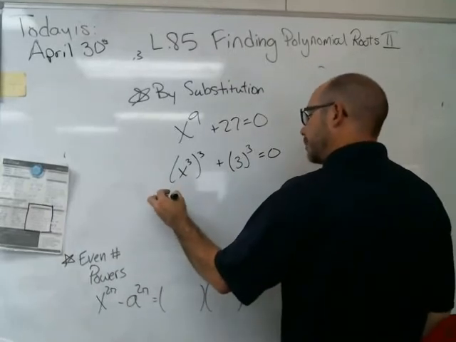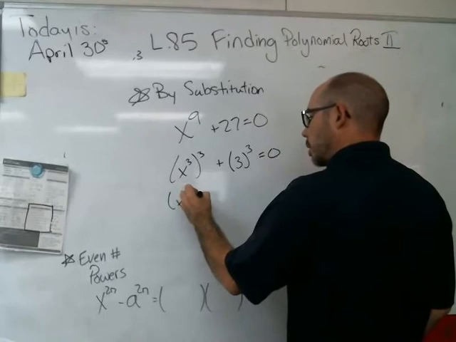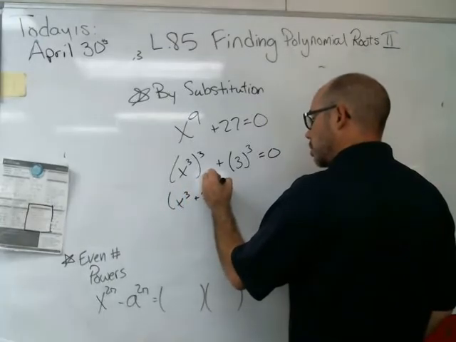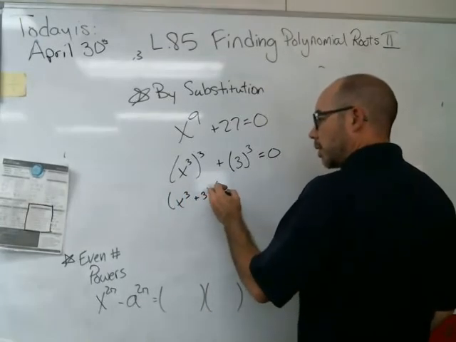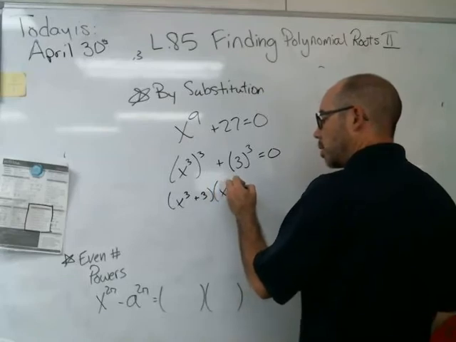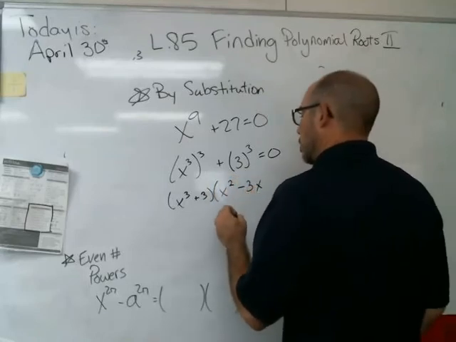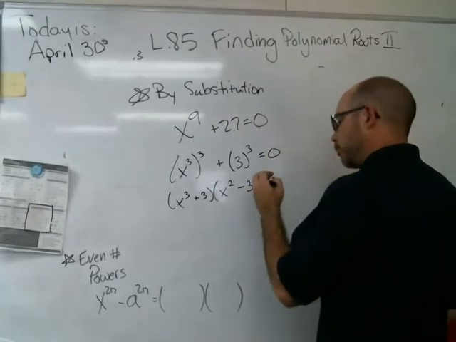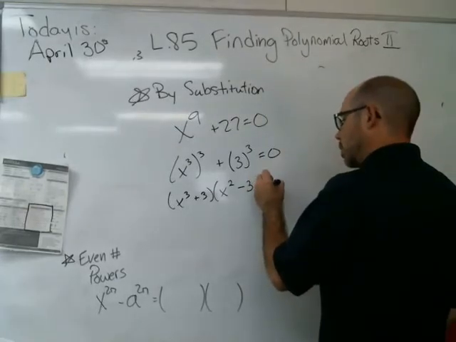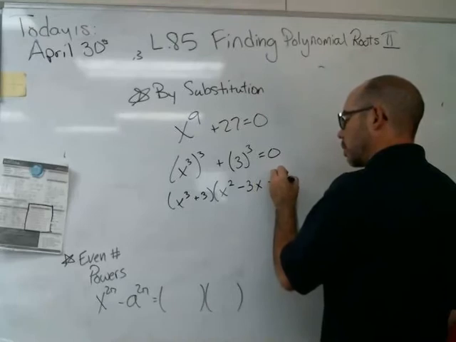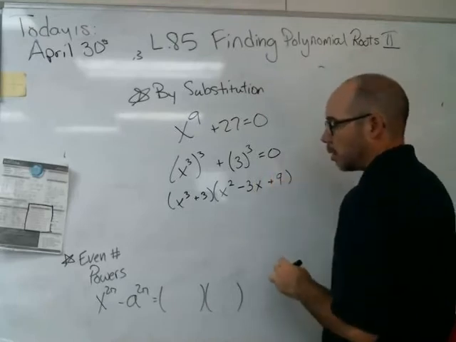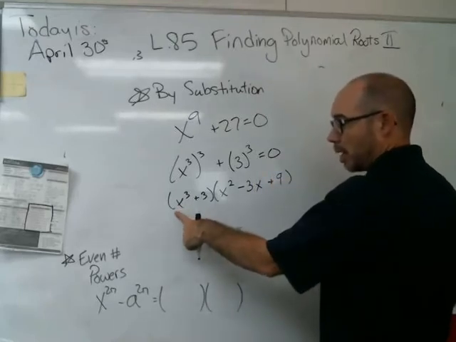We're going to have x cubed plus 3, and then there's leftover stuff. That'll be x squared minus 3x plus 9, right?